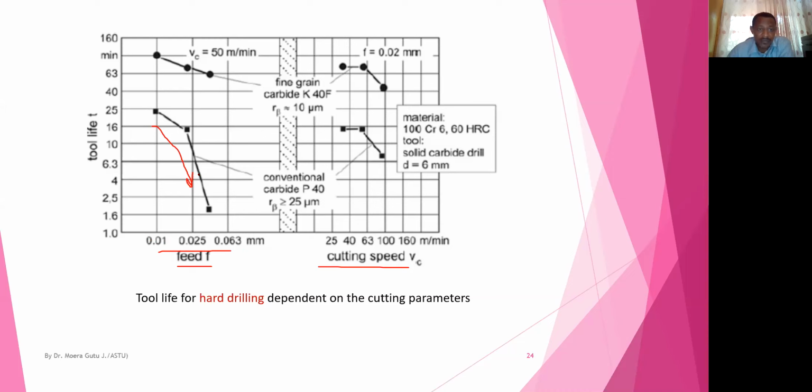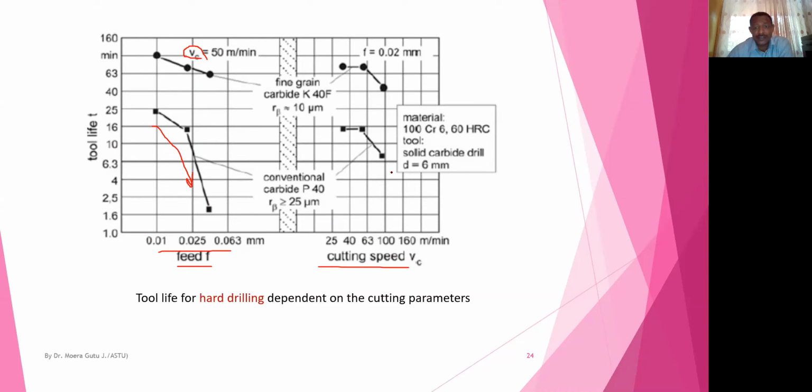Here, if you compare also with Vc, or cutting velocity, 50 meter per minute. See, if the cutting velocity is from 25 up to 160 meter per minute, the cutting tool life will change also.